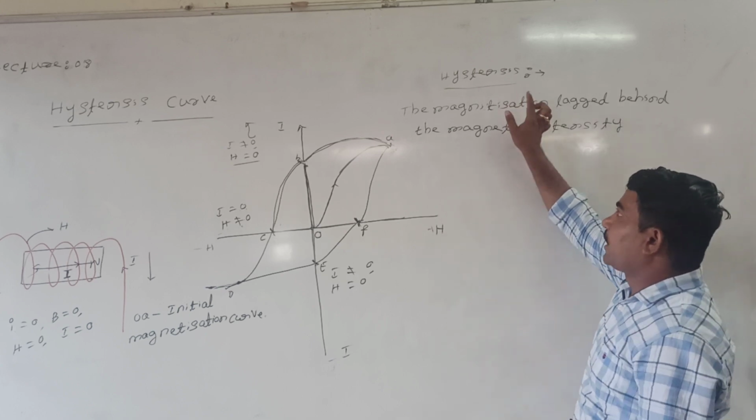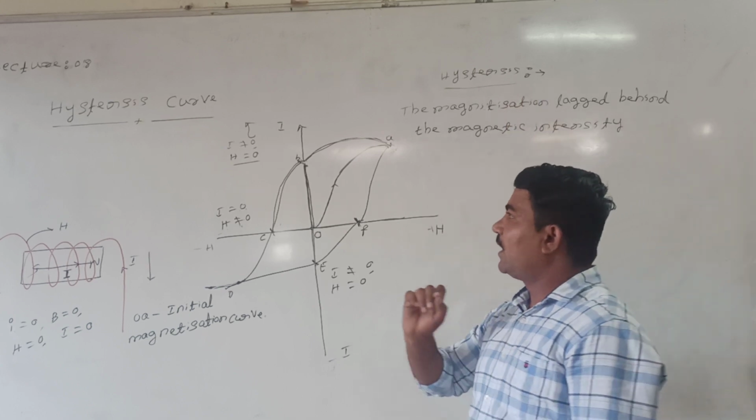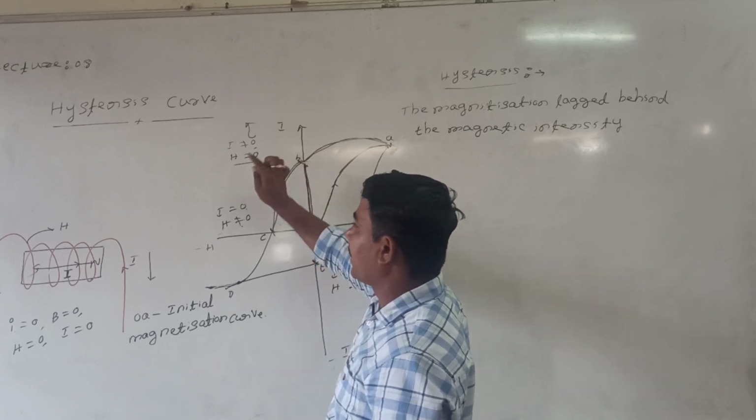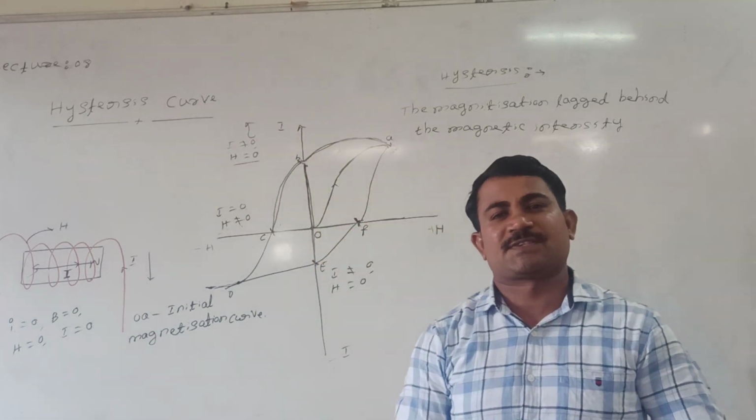So this process we are calling hysteresis. What is hysteresis? Lagging of magnetization with respect to magnetic intensity. This we are calling hysteresis.